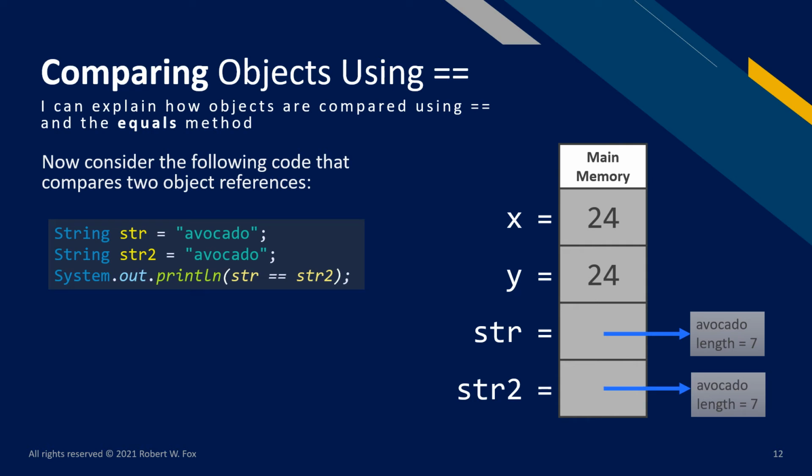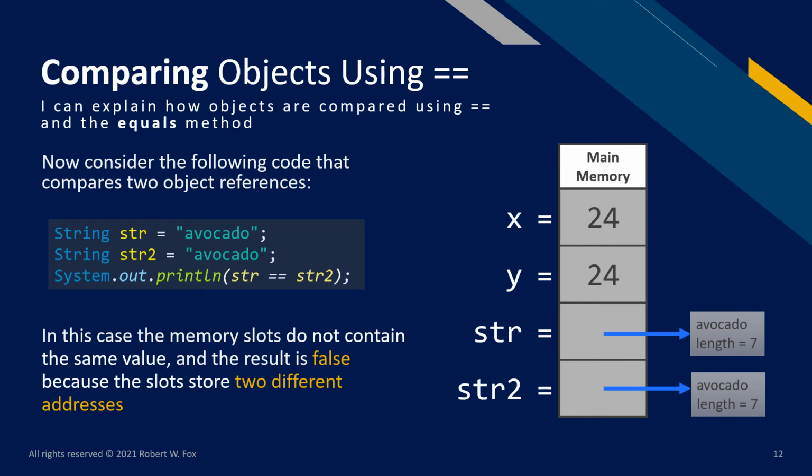So with the primitives, not only did the x and y slots both contain numbers, they both contained the same number, 24 in this case. However, we're going to see that this is not the case with the strings. Yes, it's true that str contains a reference, and so does str2, but they reference two different objects.